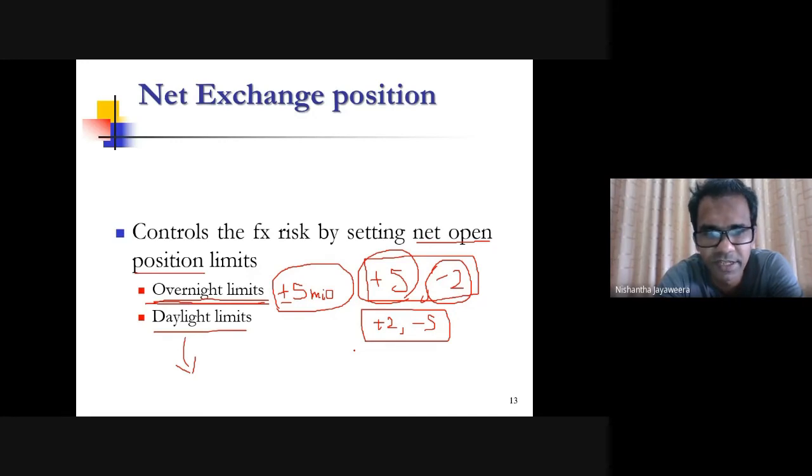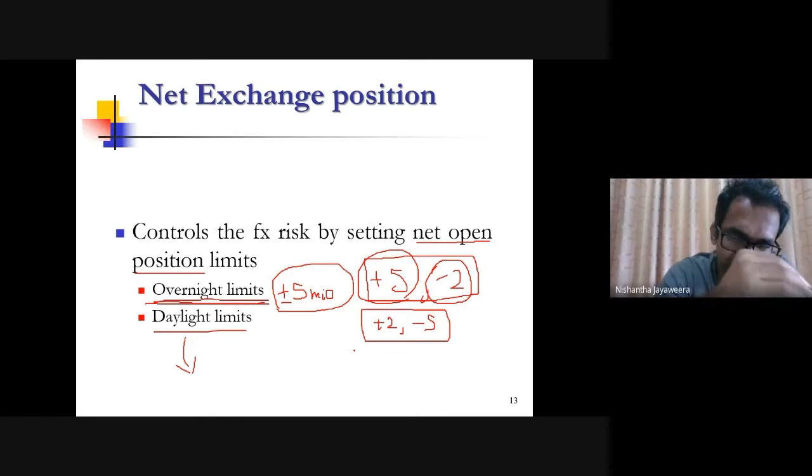So to avoid that, the regulator imposes the limit. If the bank thinks that limit is too high, your risk appetite is not that much, the bank itself can impose a limit less than the limit imposed by the regulator. So that's for the whole trading desk or the whole bank.